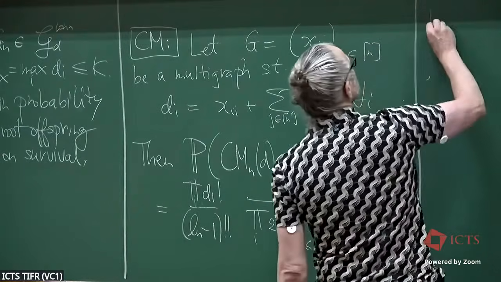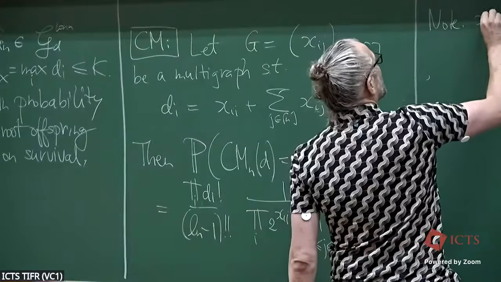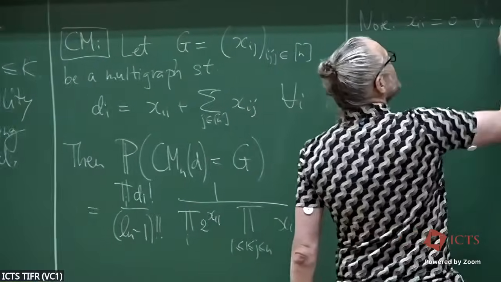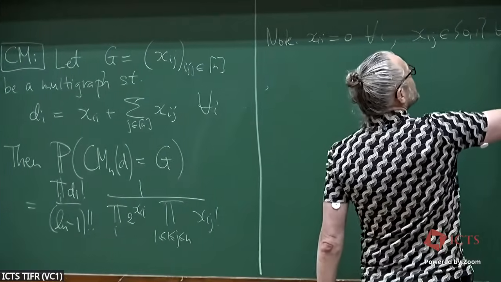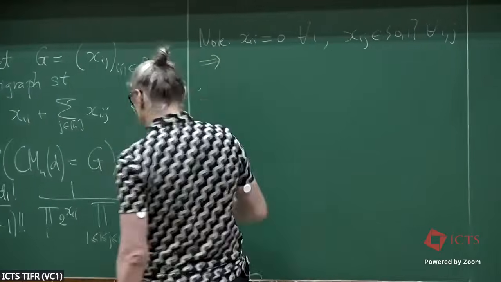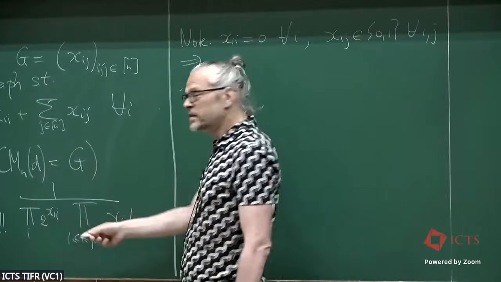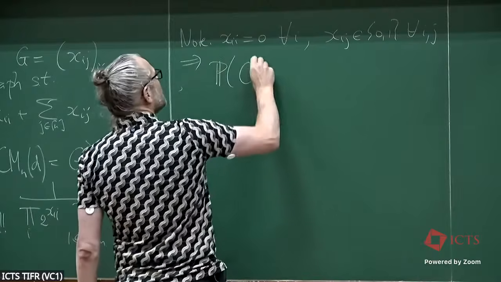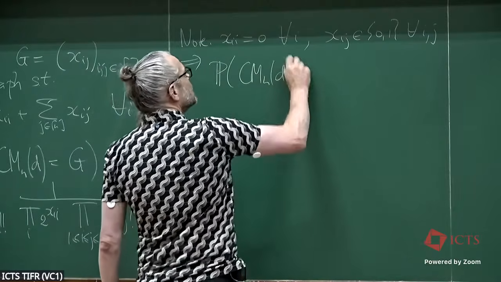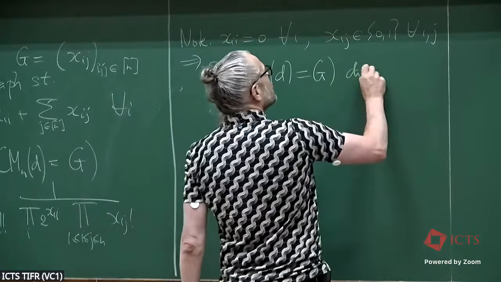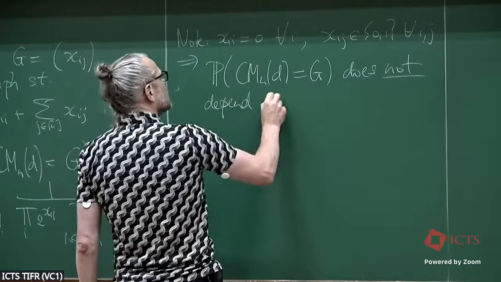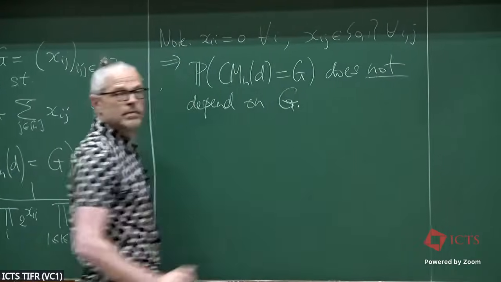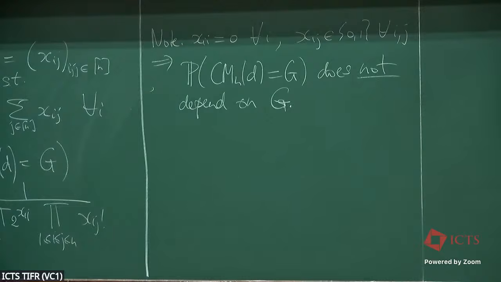Now note that if x_ii is equal to 0 for every i, and x_ij is in between 0 and 1 for every i and j, then this factor is not there. So the probability that CM_n(d) is equal to G does not depend on the specifics of G. And that's, of course, exactly the same thing as saying that it's simple.